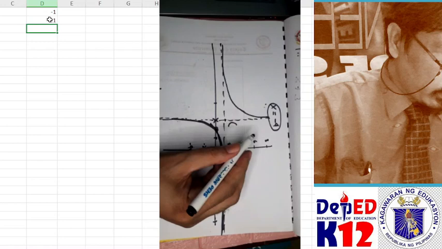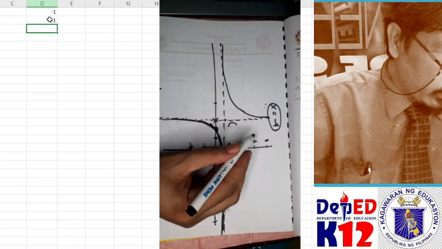Okay. And letter B, do we have a hole? Do we have a hole at negative 3 or negative 4? We don't have a hole. This negative 4 is not a hole, but a vertical asymptote.